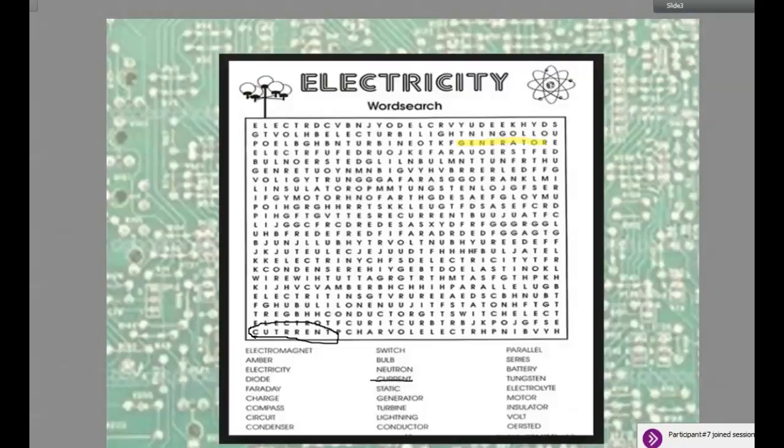Awesome, you've already found one. I'm having to look super close because it is kind of blurry. All right, I found volt. Turbine.